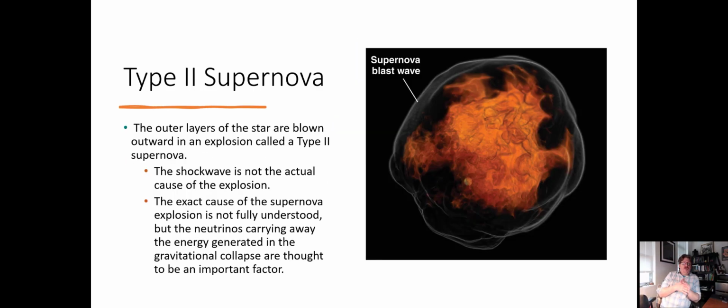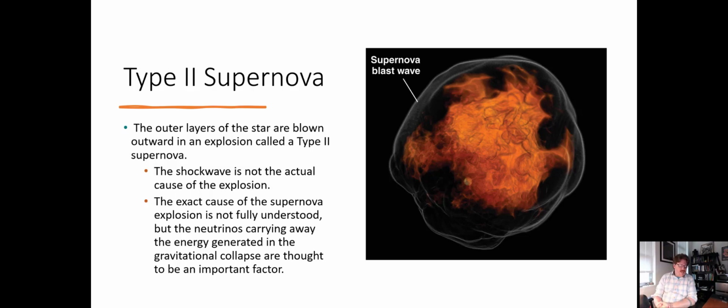Now, this particular type of supernova that forms from core collapse is referred to as a type 2 supernova. The exact reason why the supernova explosion happens, why this material explodes so violently when it slams into that iron core, or when that core becomes neutron degenerate, is not a well understood phenomenon.